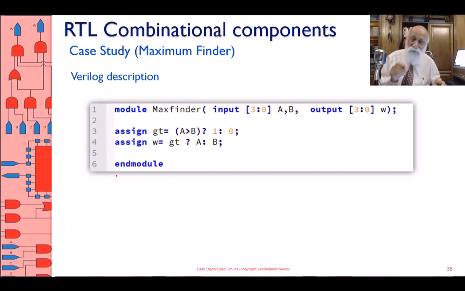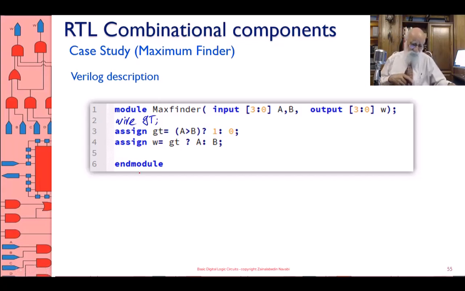So don't use the forgiveness of Verilog. Declare everything yourself. Don't let it declare things for you. And therefore, here I say wire GT. Okay? And again, this works without that. But line 2, having wire GT, would be just making sure that you don't depend on Verilog making decisions for you.